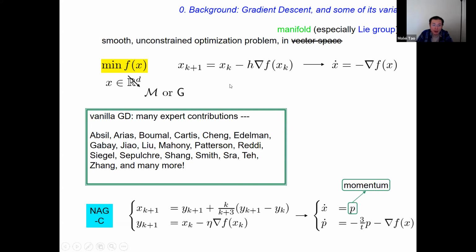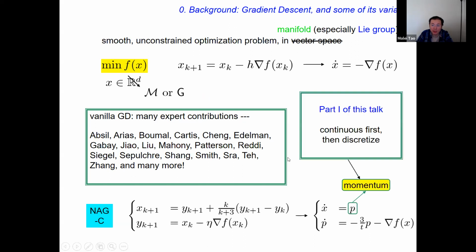And in fact, how to do gradient descent on a manifold is a deep field, well developed by many experts. What I'm trying to do here is I want to have a momentum version on a manifold or Lie group. And if you think about this, this is only harder because then you have to deal with second order derivatives. And if you cannot really deal with the first order derivative well, the second order derivative could only be harder.